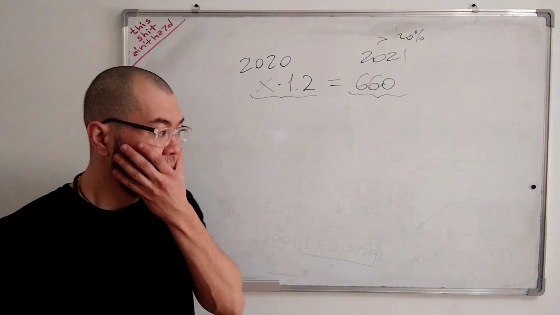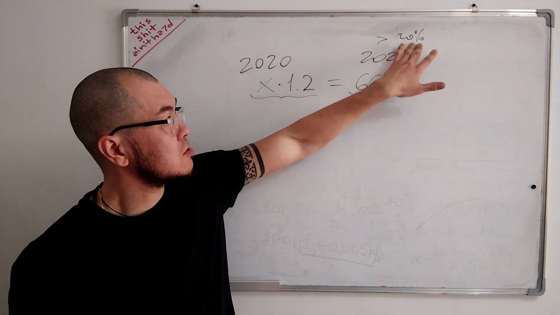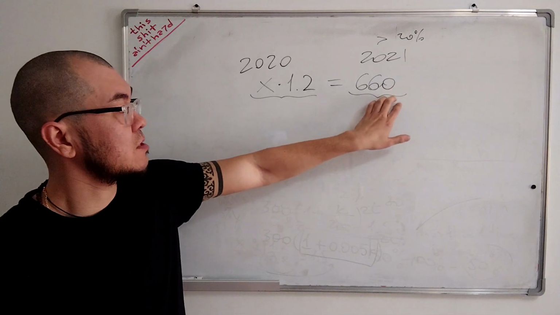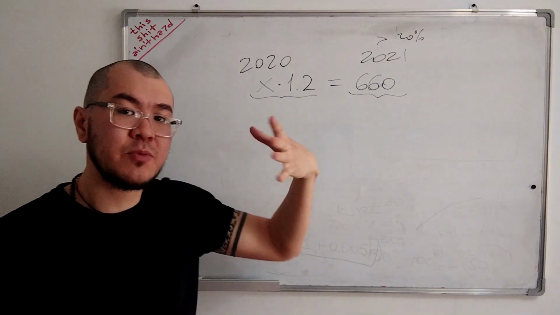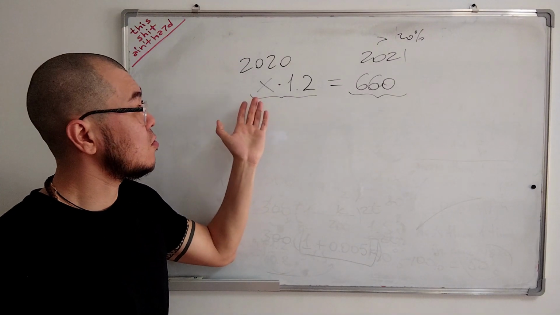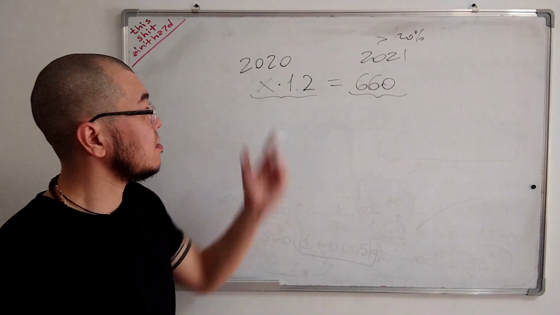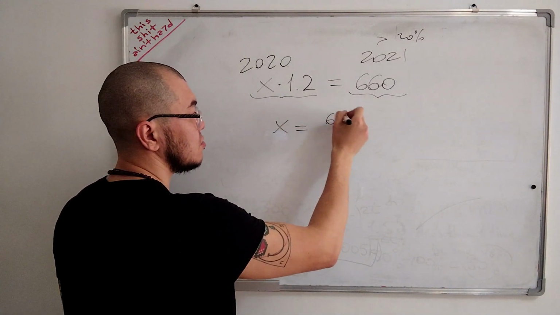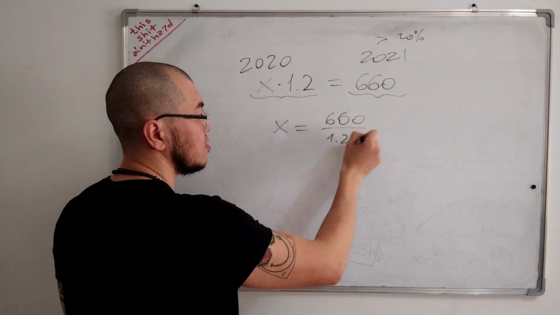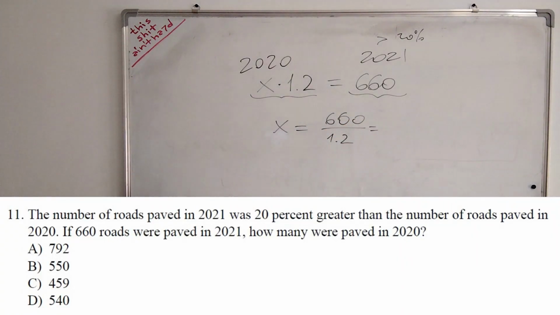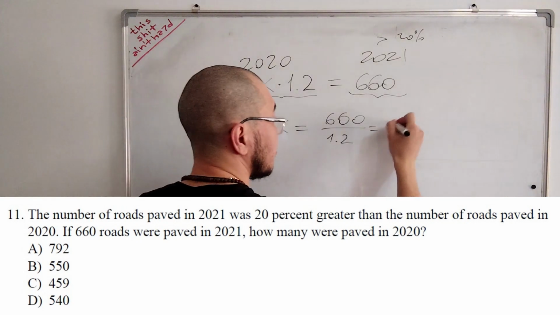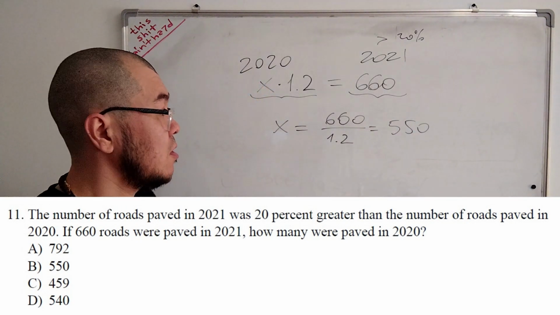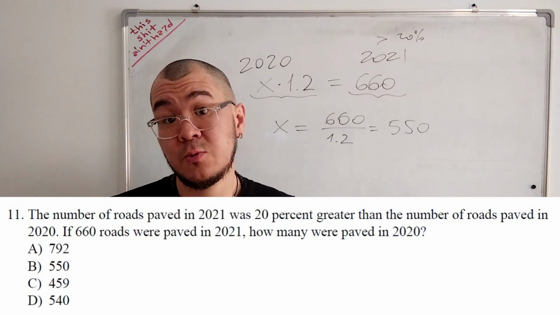How come? Due to this information, that this number is 20% greater than this. So we have to multiply by 1.2. So x will be equal to 660 divided by 1.2, and this will be equal to 550 roads paved in 2020.